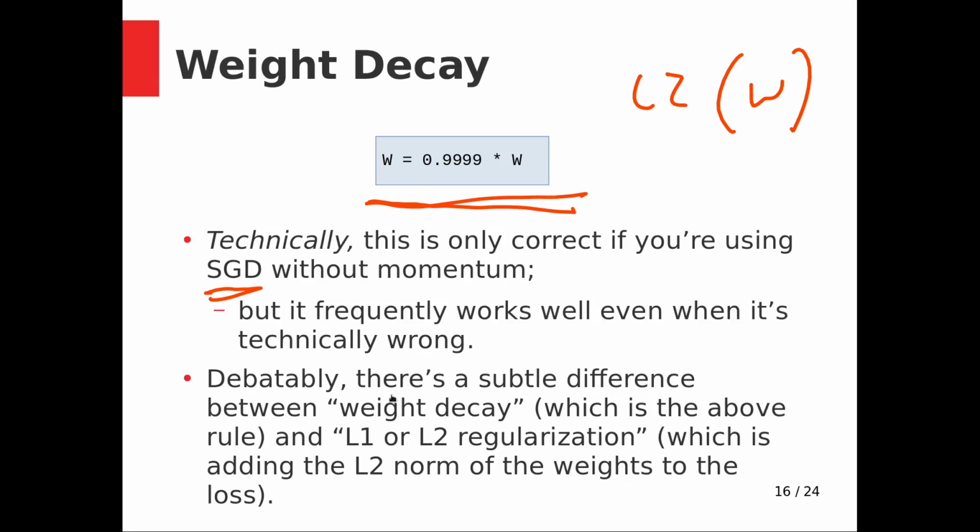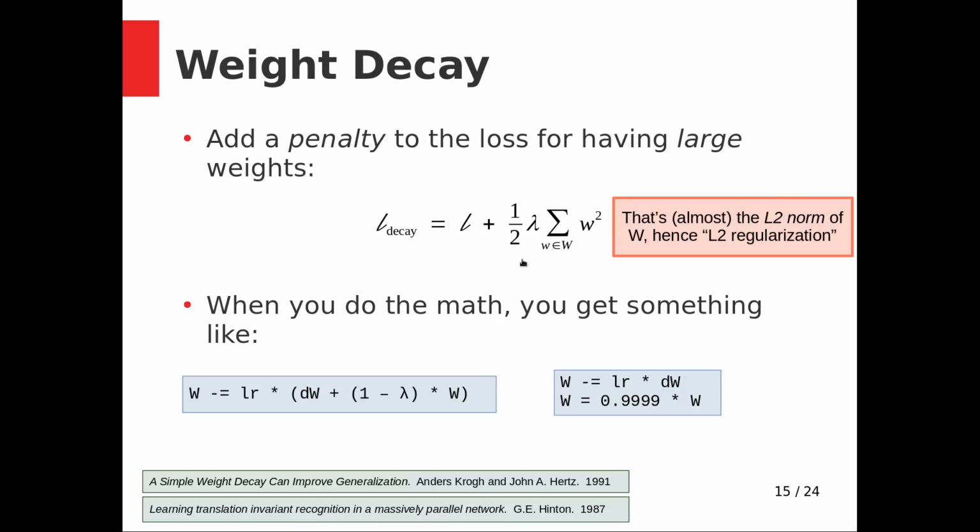Debatably, I've seen at least one person use the two terms differently. I've seen at least one person refer to weight decay as this, no matter what, and then L2 regularization as the result of adding this to the loss, and then treated those things as sometimes being different, right?